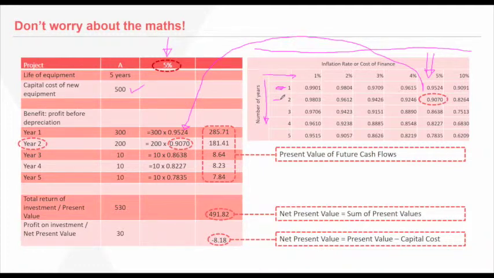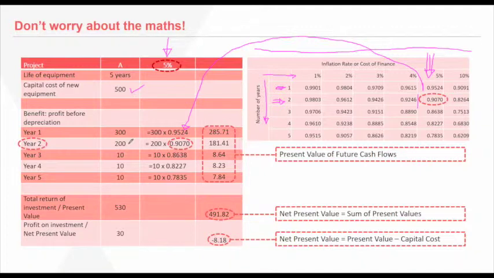And we do the same exercise for year two. So now we're looking at year two. We're still focused on our 5% column because that's what we're discounting at. And there we can see our discount factor at the intersection between 5% and year two is 0.9070. And we multiply our £200 that we receive in year two by our discount factor.